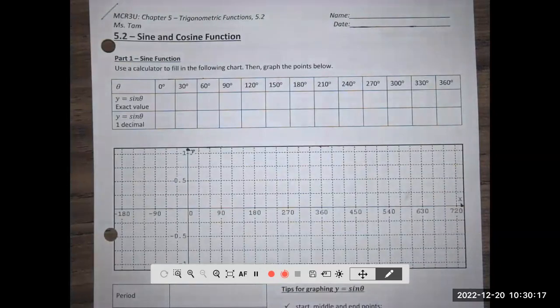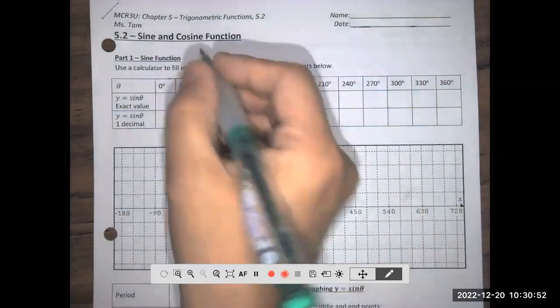Okay, I'm going to give you one more minute just to do that first row, and then we're going to do the second one together. Does anyone need more time for the first row? Okay, so let's go through it together.